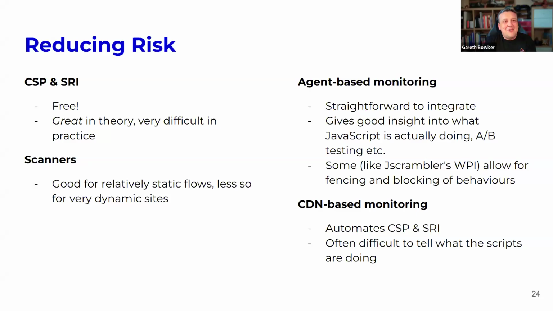So it's some headers that are set on the web server, and it tells the web browser what it should allow, what it shouldn't allow, and what to do about it as well if it detects something that maybe is not expected. So because it's built in, great, it's free. And again, it's great in theory. If you have a relatively straightforward, simple website, it will work great.